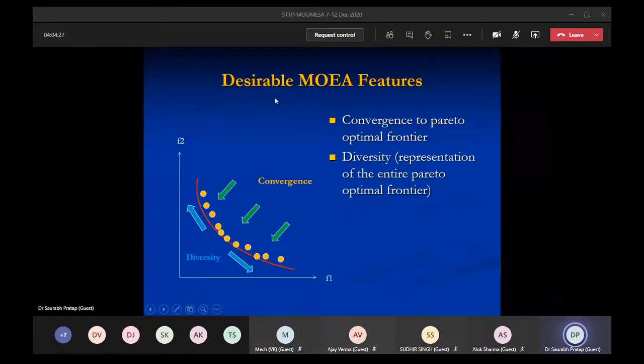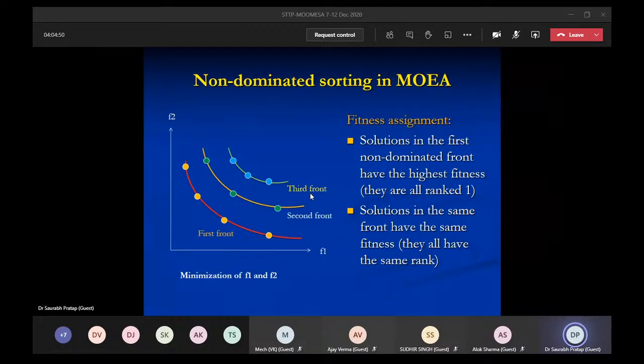A desirable multi-objective evaluation algorithm features convergence to the Pareto optimal frontier. You can see that this one is a Pareto optimal frontier. So, on the basis of crowding distance, we have to identify the number of solutions at the Pareto front. And after that, on the basis of the ranking system, we have to rank the Pareto fronts, the first front, second front, third front, and the solutions in the first non-dominated front have the highest fitness.